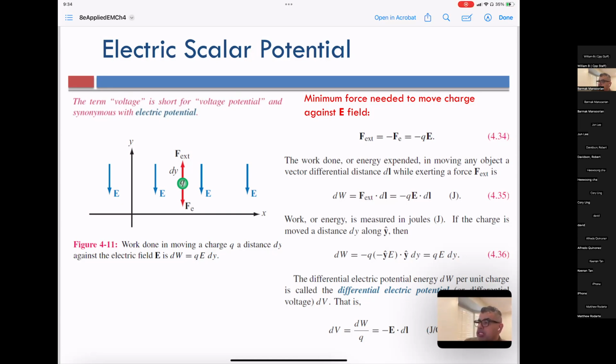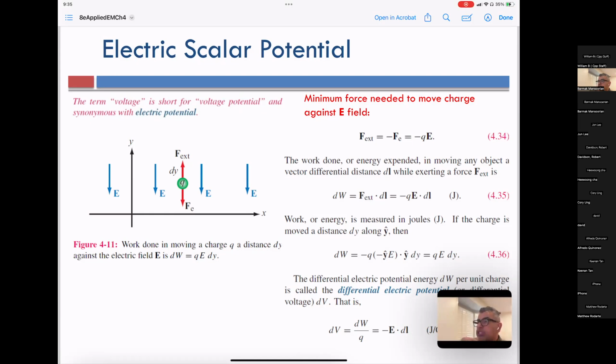You just say this voltage is like 1 volt or 0.5 volts, etc. So voltage is a scalar, and the reason it's useful is because it is a scalar. In the lab, it's a scalar value that's easier to measure and deal with. And then from it, you can calculate the electric field later. So that's what voltage is.